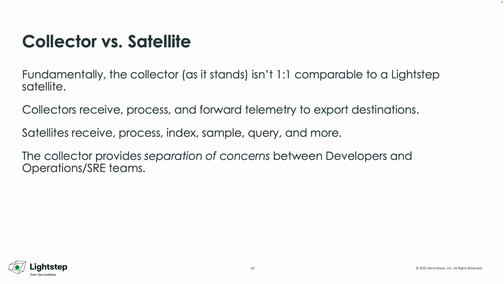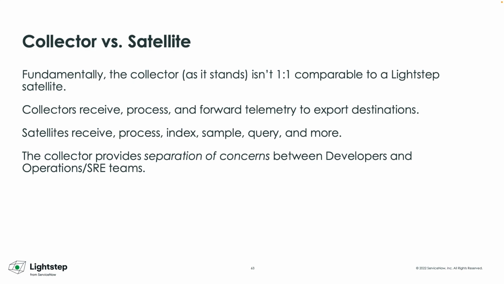If you're using Lightstep, you will probably use also the microsatellite, and you want to understand what is the difference between the microsatellite and the collector. So be aware that both components are not doing the same job. Collectors receive, process, and forward your telemetry data, whereas the microsatellite also receives your data, but will optimize the volume of data by zipping it and by indexing it before sending it to Lightstep.